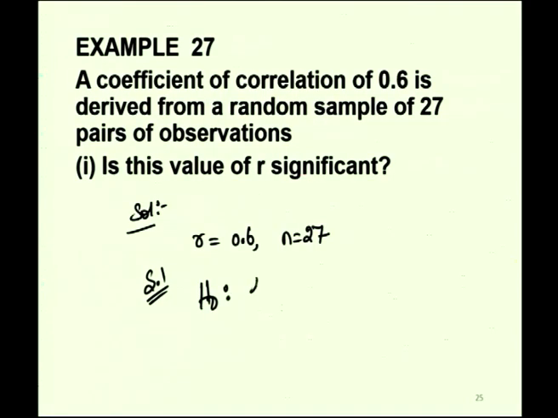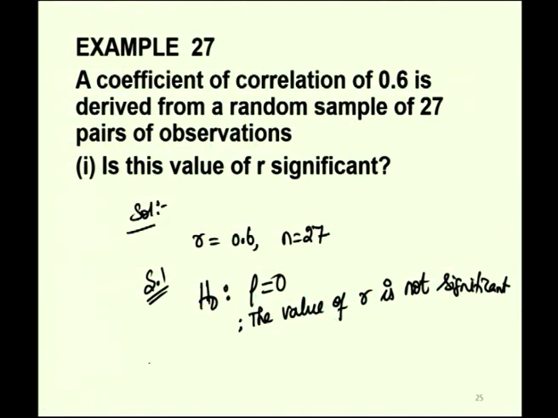You are asked to verify whether the value of R is significant. Set up H naught: rho is equal to 0, that is the population is uncorrelated, so the value of R is not significant.